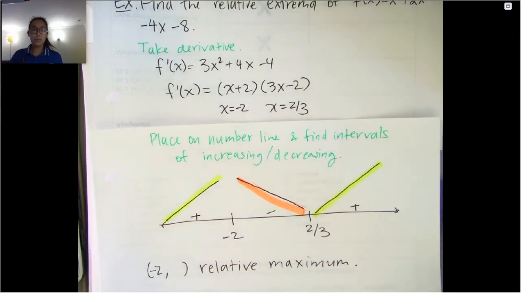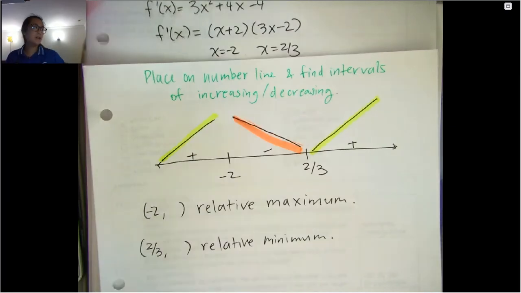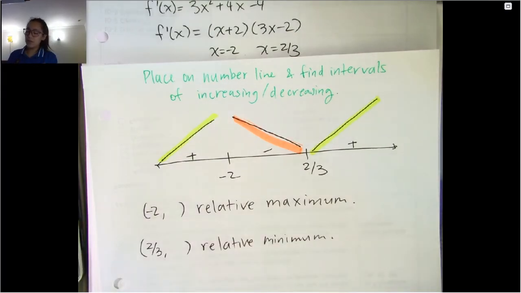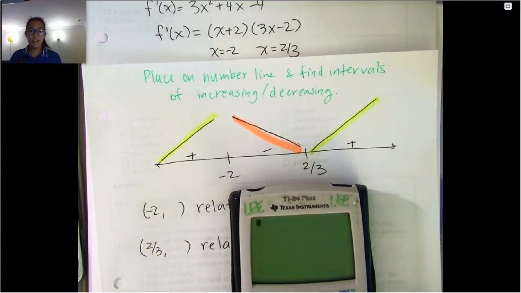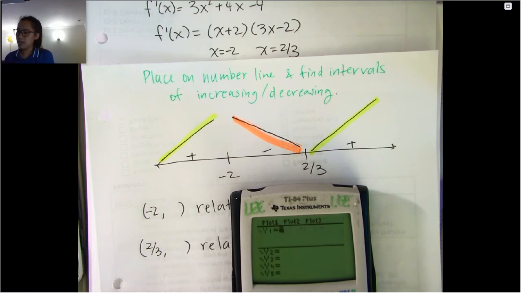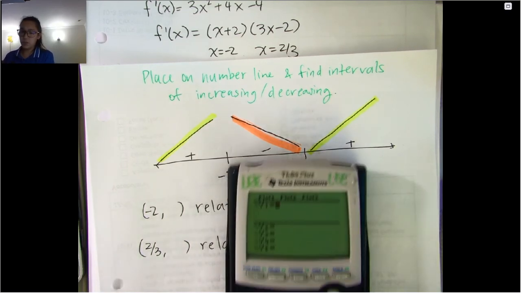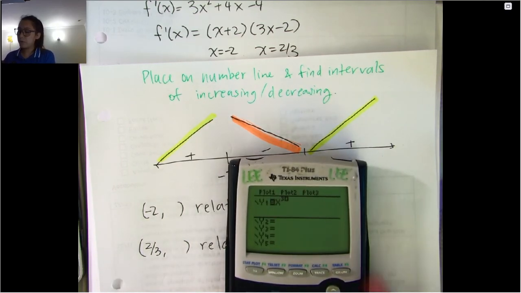And so you can plug into the calculator these x values so you can find the original y values. You want to do that to the original function because you're trying to find y values. So the original function is x to the power of 3 plus 2x squared minus 4x minus 8.